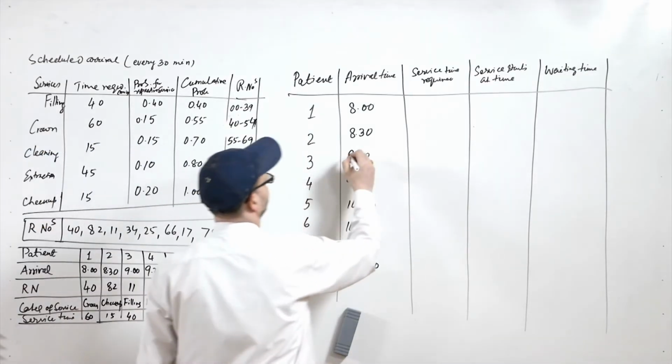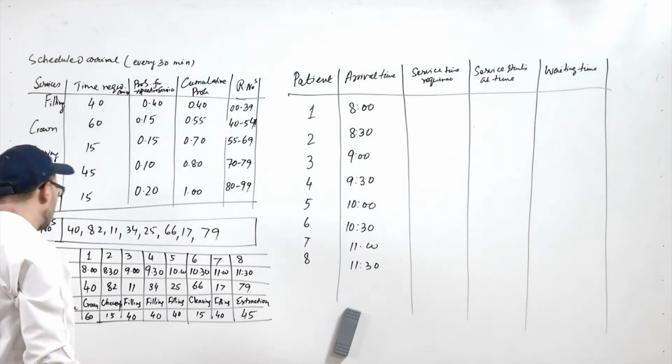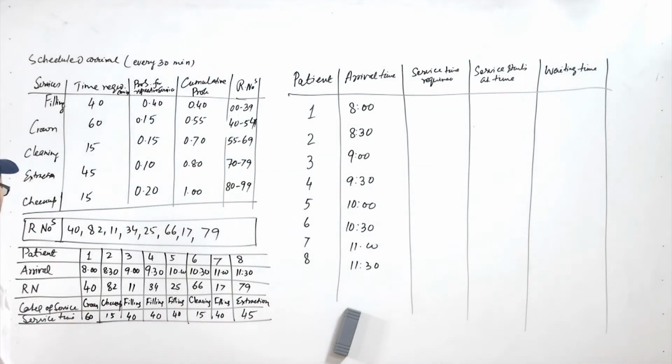Now, the service time requirement we have already calculated as per the random number which has come into the stream.